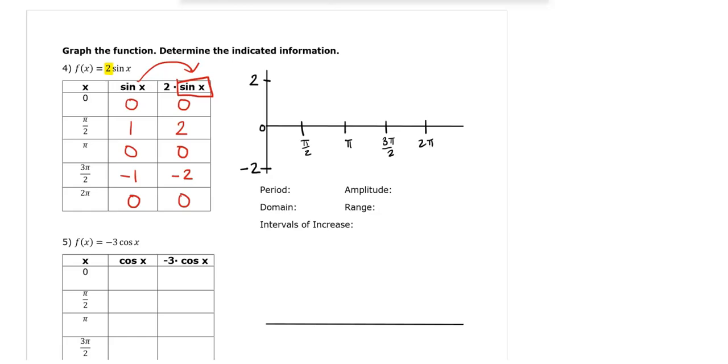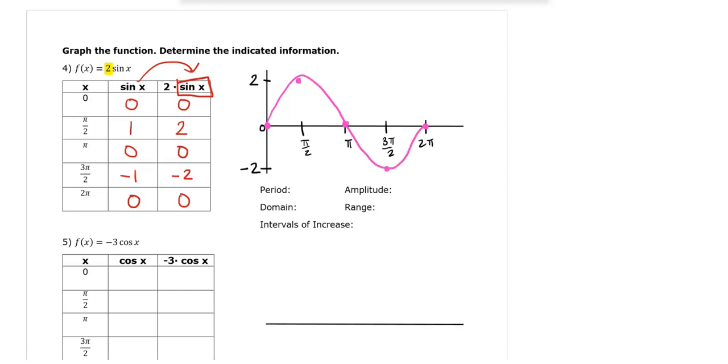All right, let's graph this. At 0, I'm here at 0. At pi over 2, we're up at 2. At pi, we're back at 0. 3 pi over 2, negative 2. 2 pi, back at 0. So this is my graph.